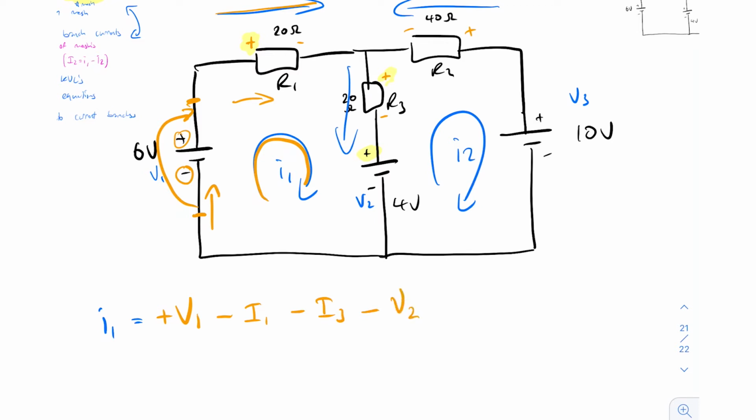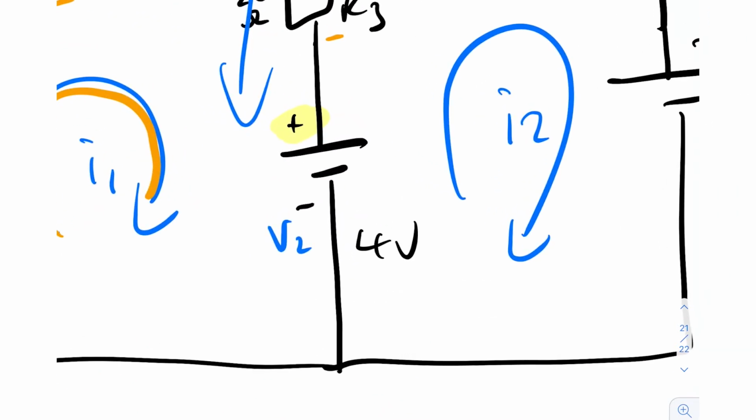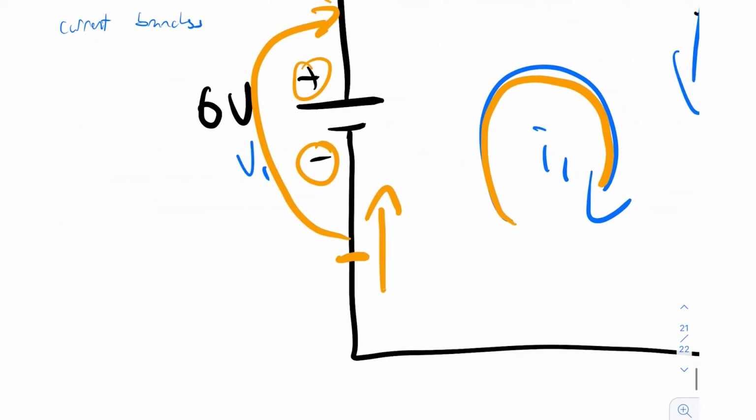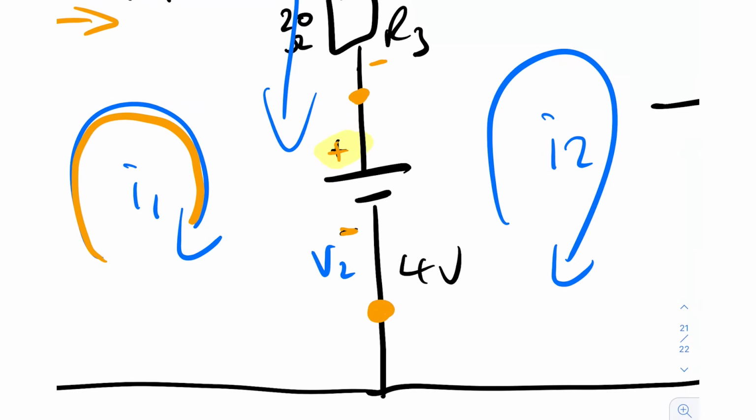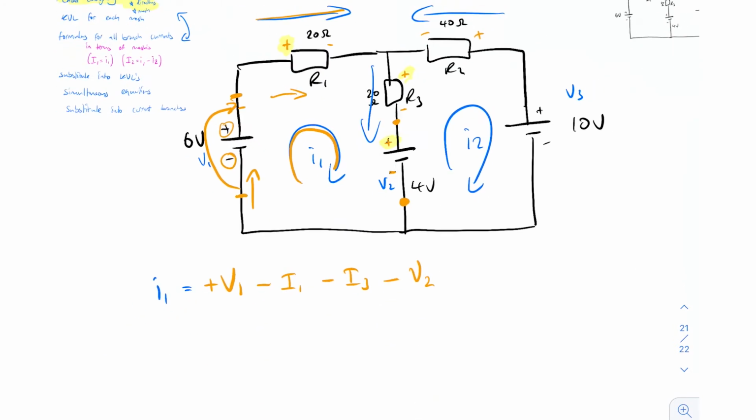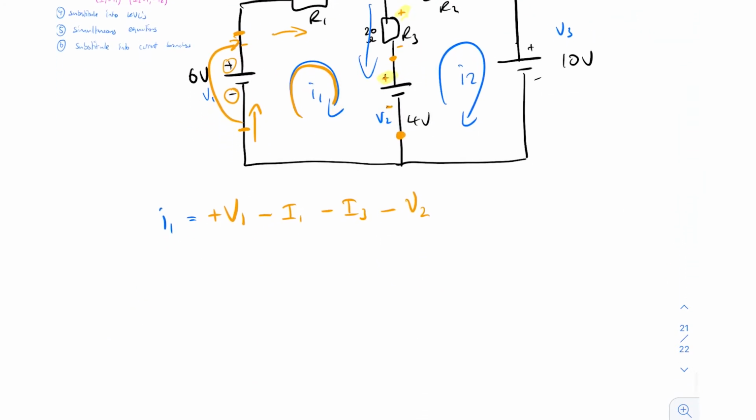And that could be very confusing because you're like, well, you're coming out of a battery, how are you dropping voltage? But think about it here, right? If you've got a plus sign here, minus here, then what we're saying is that this point here is lower voltage than here, right? Same thing we said here. This is lower than this. So when the mesh is coming this way, it's actually going to a lower voltage. So you're going to have a minus V2 there.